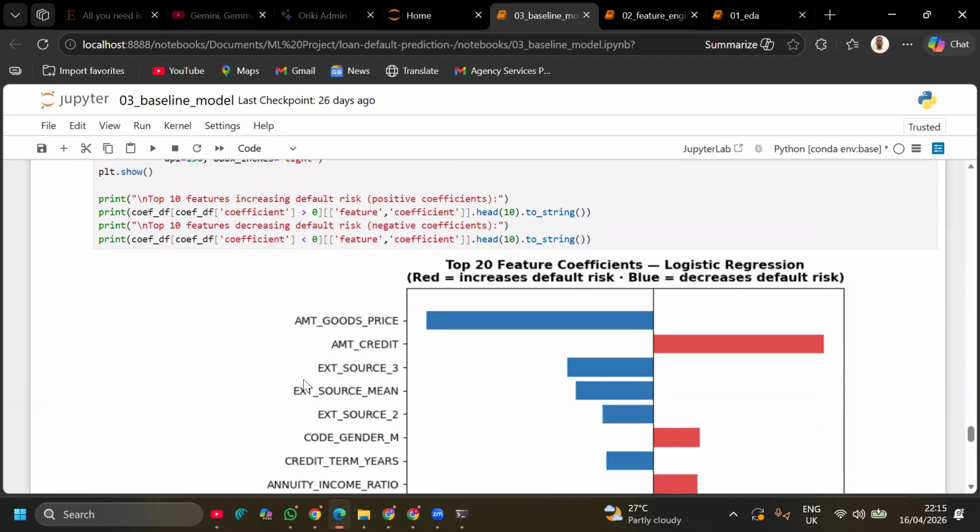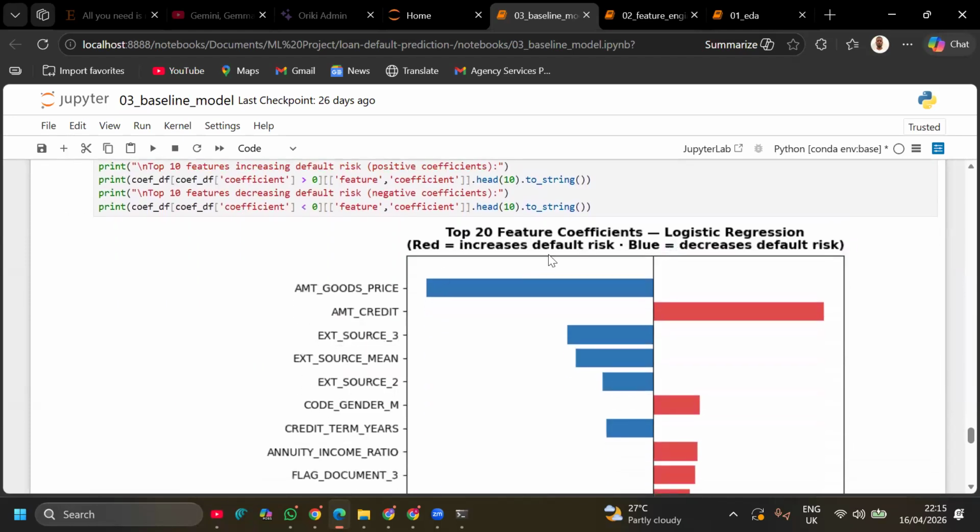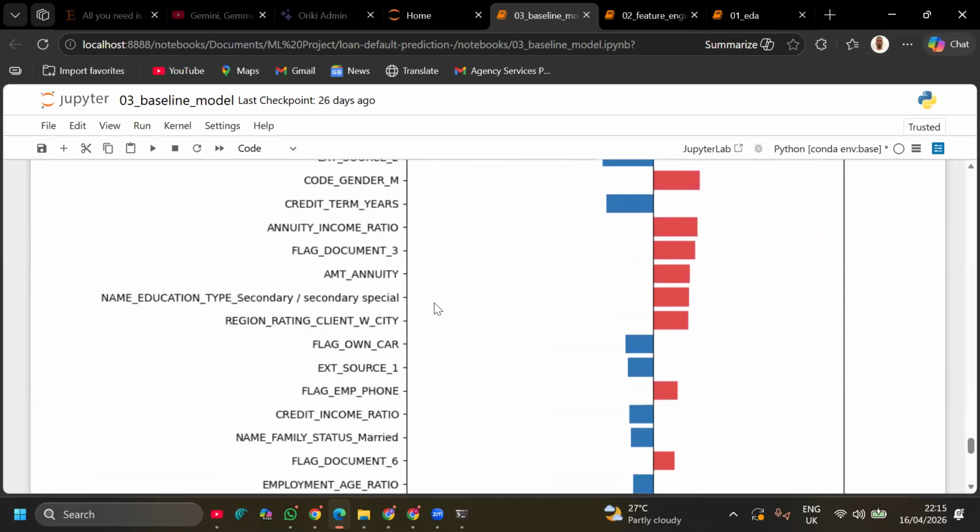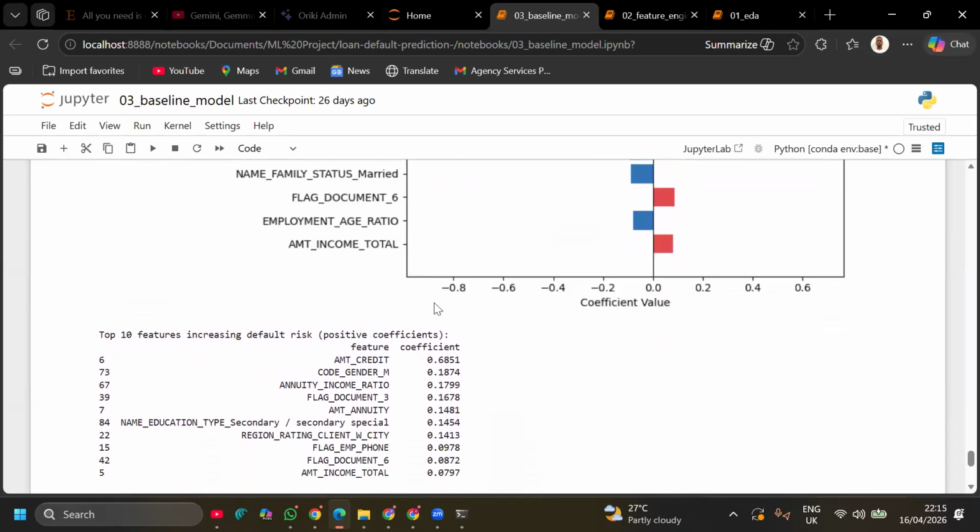Okay, so we are still on the logistic regression. This chart here is just trying to tell us the most important features based on our data set.